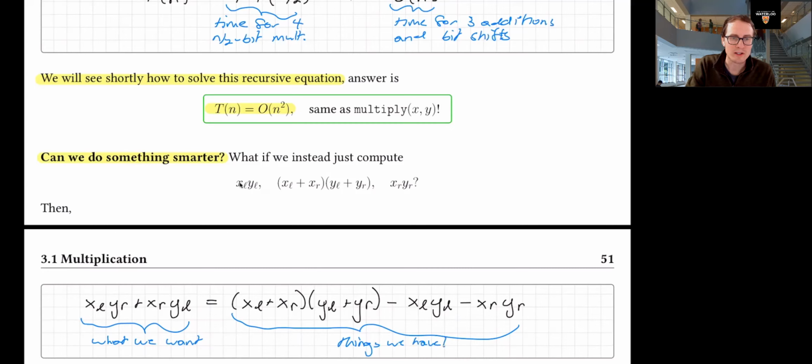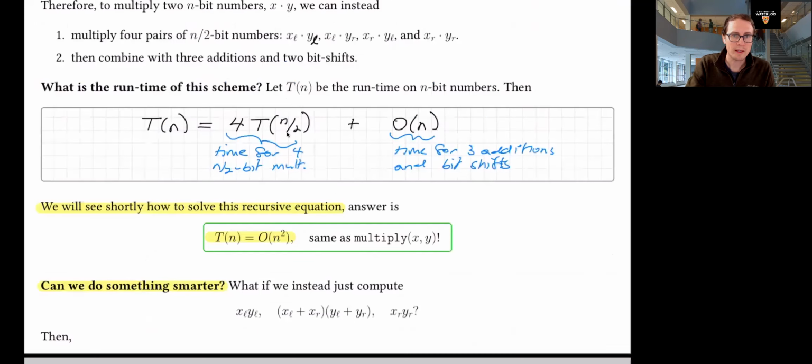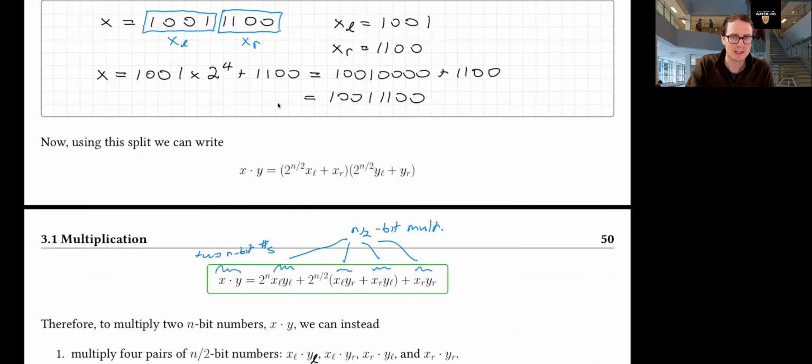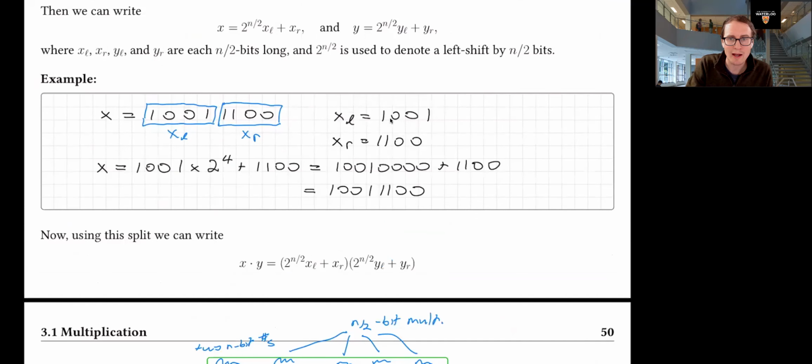The other thing you notice is that x left times y left and x right times y right are each n/2 bit numbers. For this one, note x left plus x right is not x. If we go back up to this example, it's what you get when you add 1001 and 1100. It's at most an n/2 plus 1 bit number.